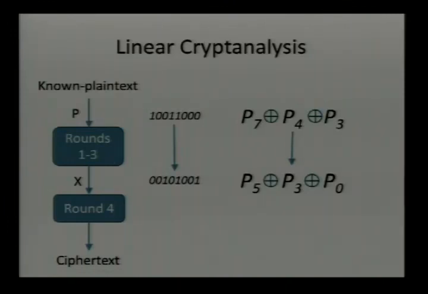It's linear attacks. It's very, very similar, but instead of using differentials, instead of taking a pair of numbers and XORing them together and then tracking how that result changes, we track bit parity.